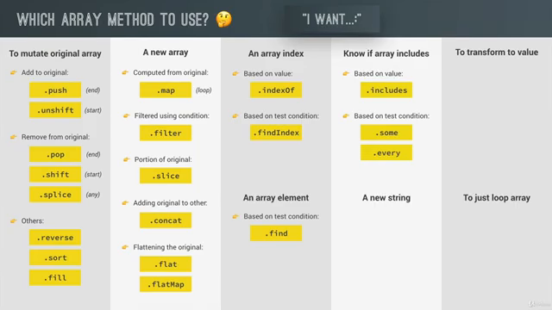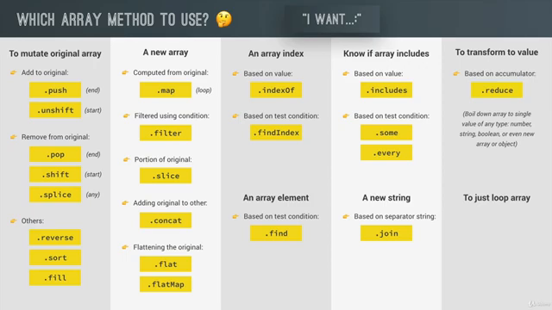Next up, sometimes we want to transform an array into a string, and then we use the join method. Or we might want to reduce the entire array to just one value. And as we already know, for that we use the reduce method, just as we studied in this section.